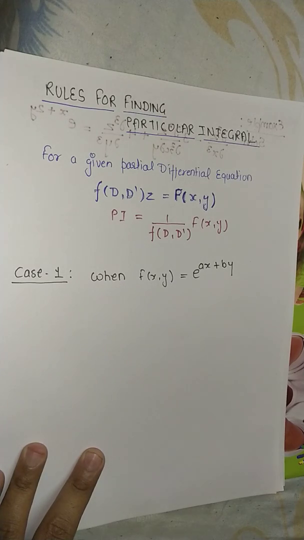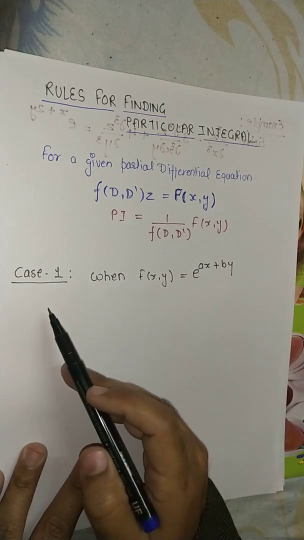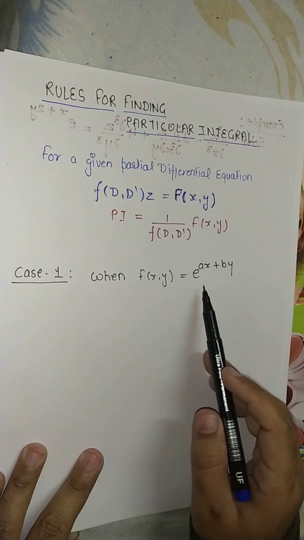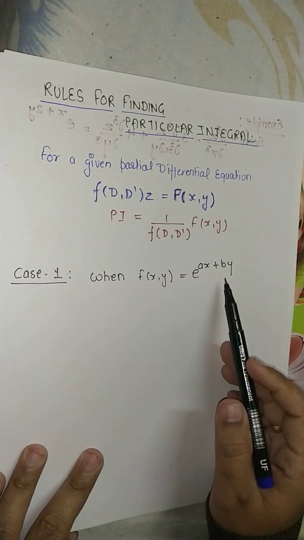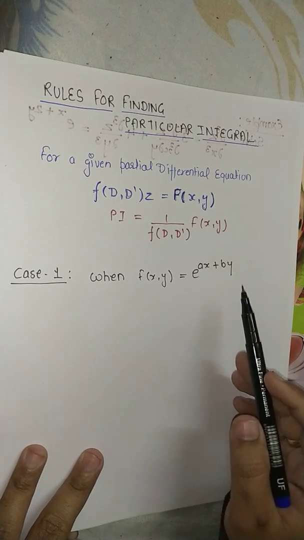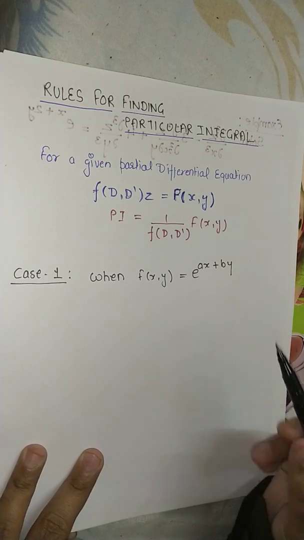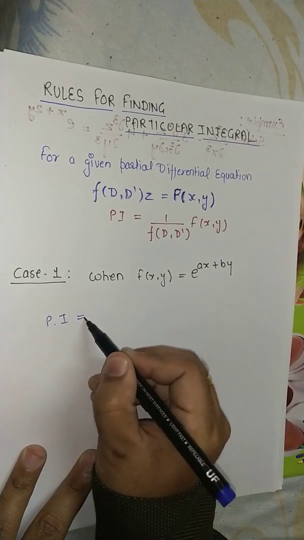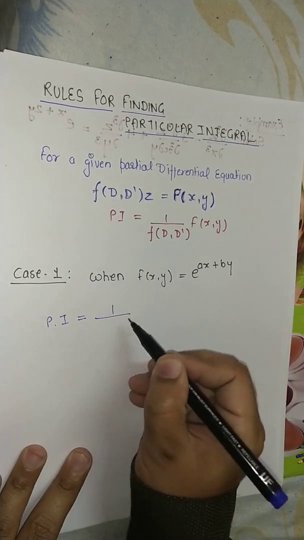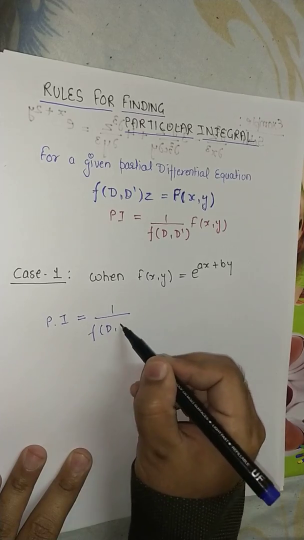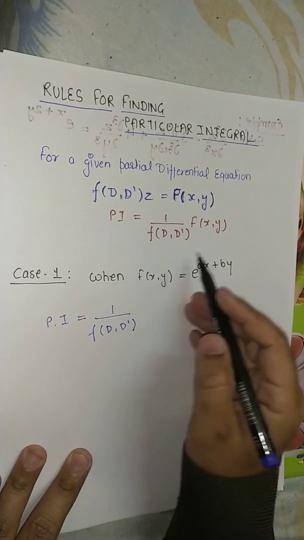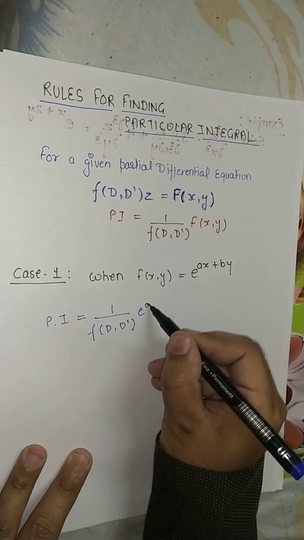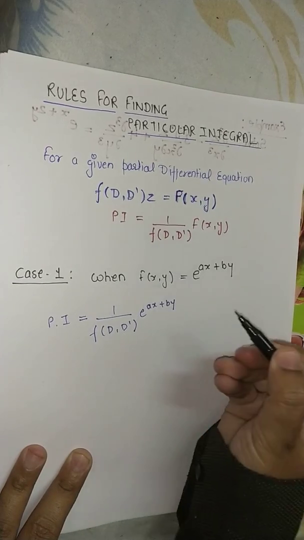So there are many cases. Let's discuss case 1, when the right hand side of the given equation is e to the power ax plus by. Then how can we find the particular integral? In this case, the particular integral is given by 1 upon f(D, D dash) e to the power ax plus by.